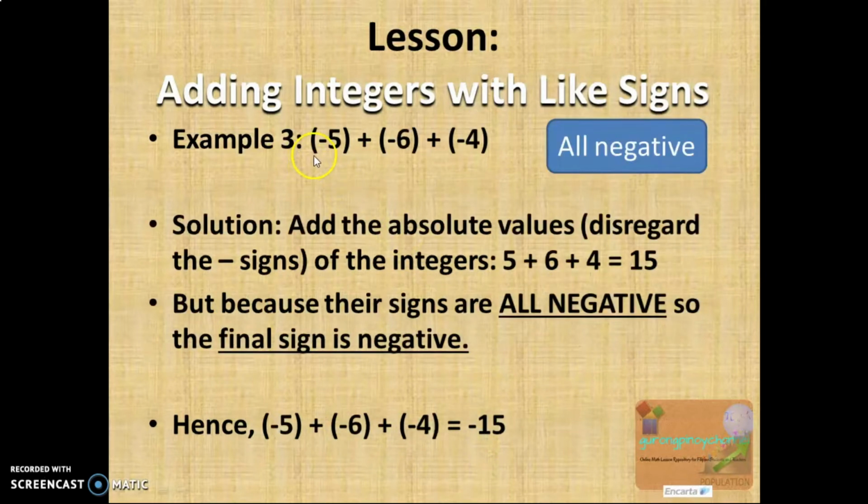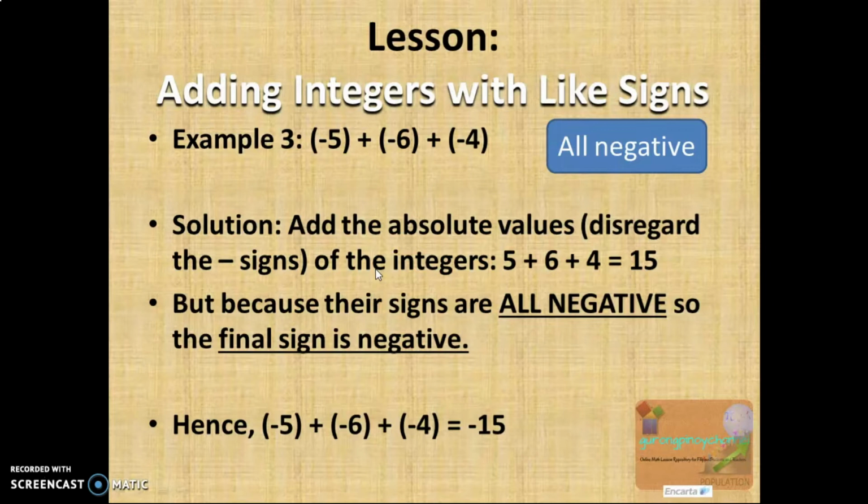Now, we have the third example. In this case, we have all negative integers. So, lahat ng mga integers natin ay negative. So, what is the solution? We simply add the absolute values, meaning we disregard the negative signs. Diba? Pag sinabi nating absolute values, wag mong kukunin yung negative because it's always positive, right?